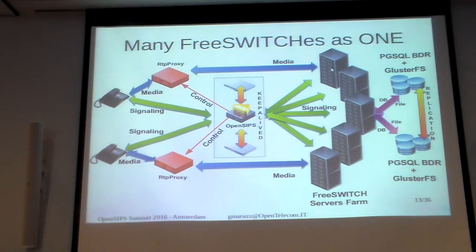Each of the FreeSWITCH servers in the backend is accessing its own state and its own configuration from a distributed file system, that's GlusterFS, and from a remote database that is maintained in high availability by clustering, that is PostgreSQL with BDR, bidirectional replication.